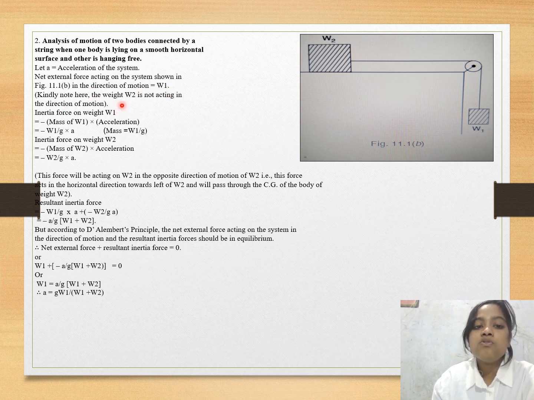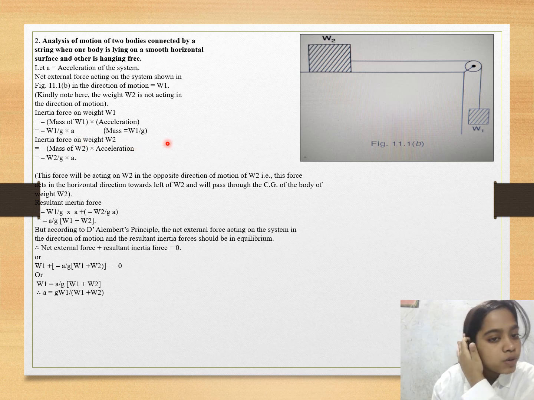Here W2 is not acting in the direction of motion. So similarly, here also the inertial force on weight W1 is mass into acceleration. Mass we know is W1 by G, into acceleration, and the inertial force on weight 2 is similarly minus W2 by G into acceleration.